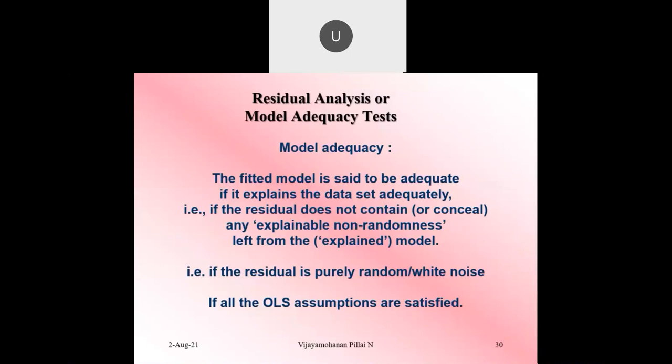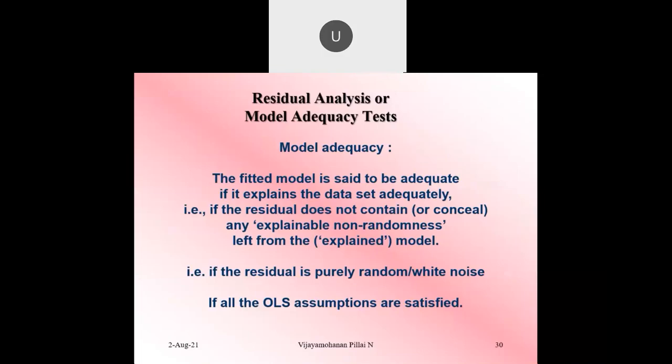We know non-randomness, or explainable non-randomness, refers to some patterns, and patterns represent information. So if the residual actually has some explainable information, then that particular model is not adequate. So the residual should be purely random, or what is called white noise in time series analysis, or in general a spherical error in econometrics.